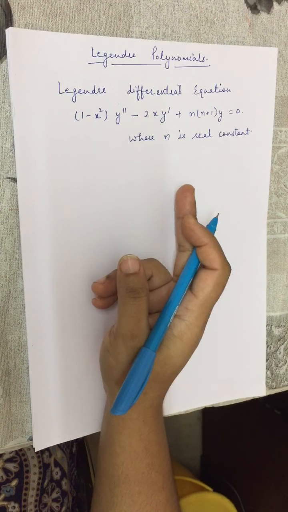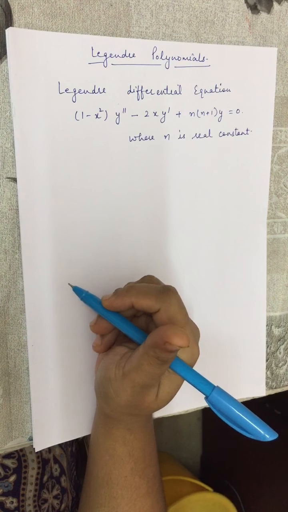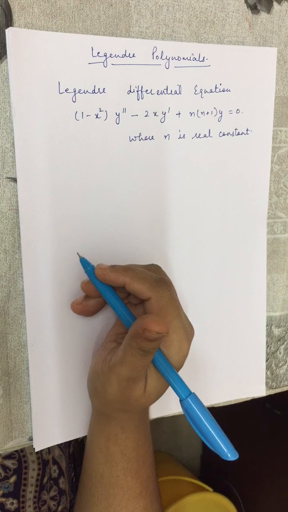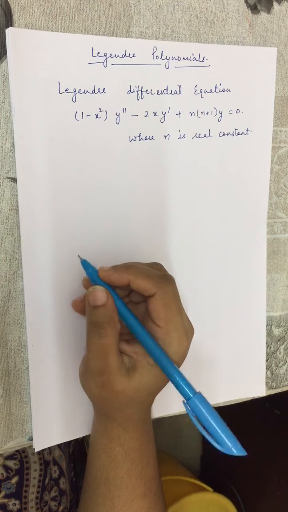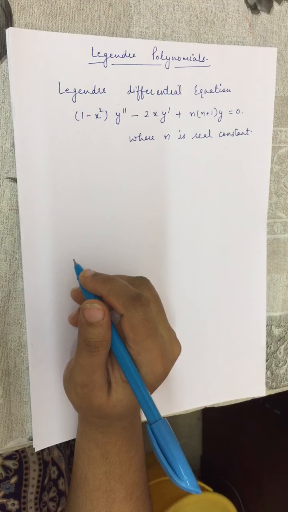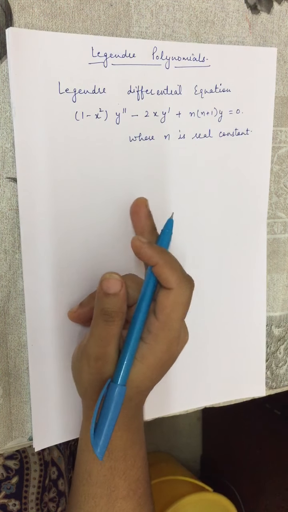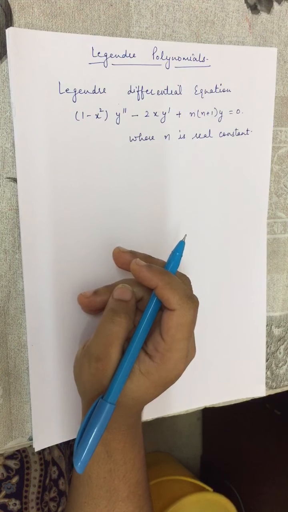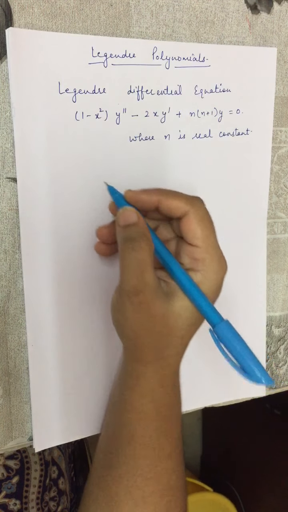So this differential equation is called the Legendre differential equation. This equation has many applications, and in many of the applications, n, which is a real constant, takes only positive integer values.